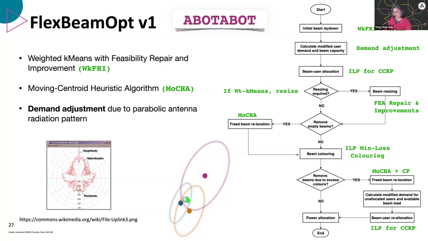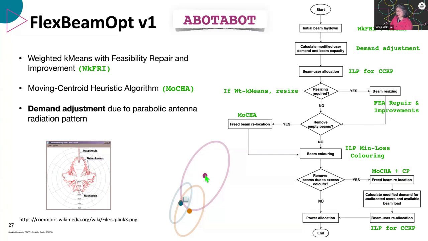But if you route it to the red beam, you're going to multiply the demand by a number larger than 1. The further away it is, the larger the number you want to use, to capture the fact that you have a reduction in signal gain, because it's very far away from the center of the main lobe.